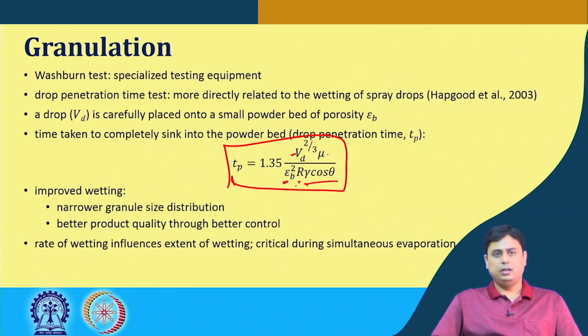Now, in general, improved wetting is beneficial in granulation, because improved wetting provides us a narrower granule size distribution in the product, and it also gives us better product quality control throughout the whole process.